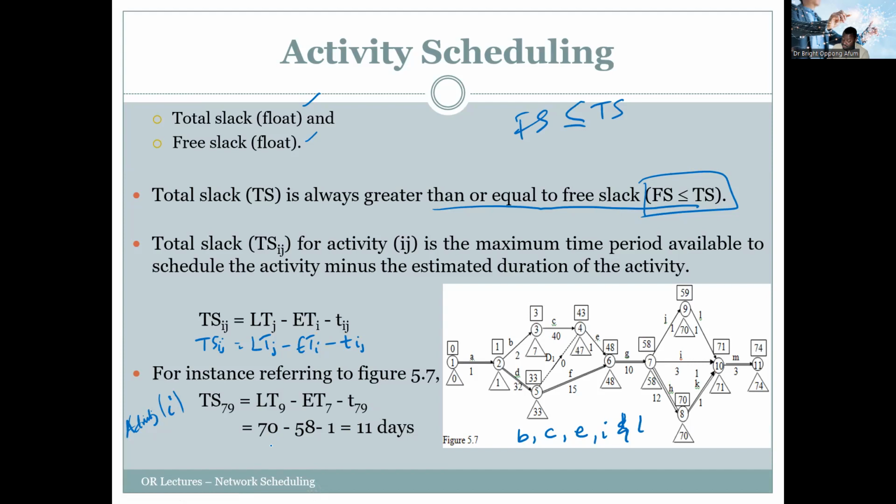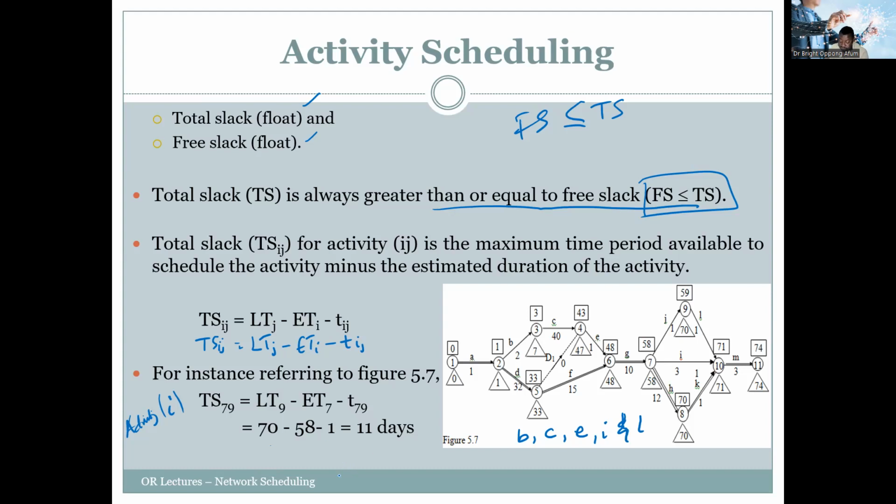So 70 is the latest time. It's always triangular. Minus 58, which is the earliest time on node 7, the one in the rectangular box, minus the 1 activity, and that is 11 days.